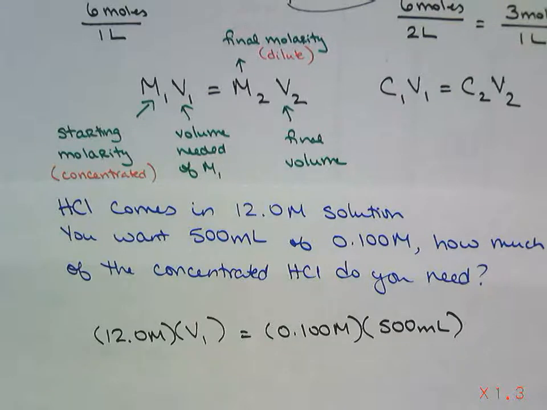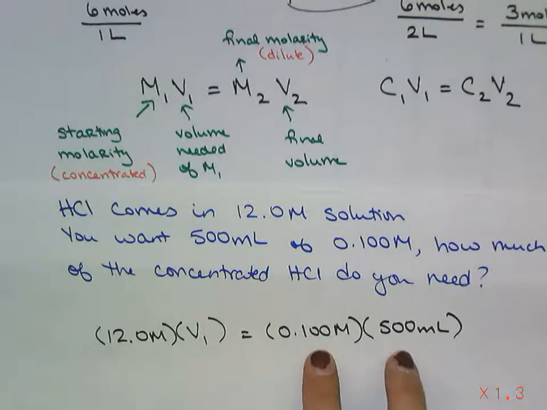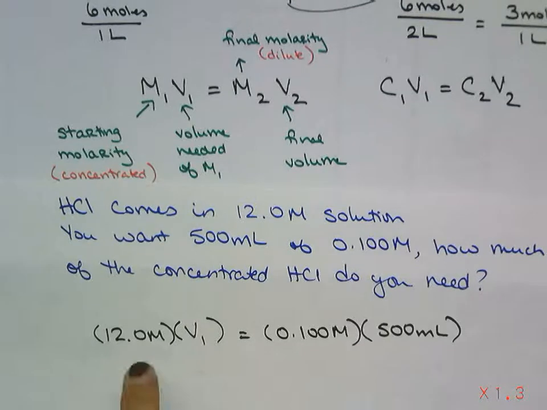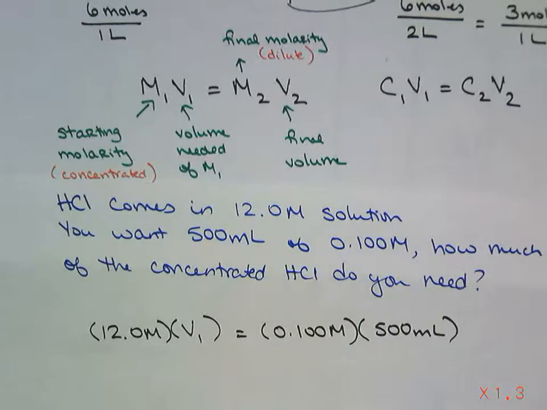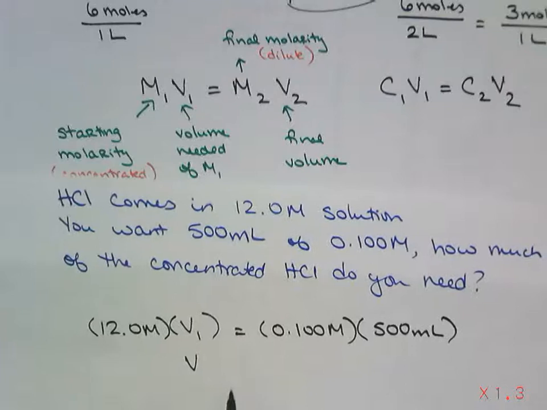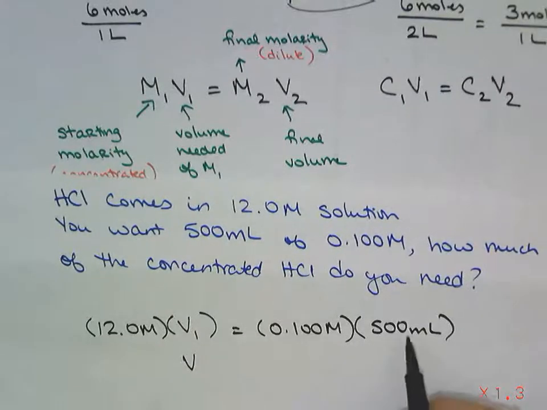All right, what's my first step to solve for this? Multiply these two together, then what? Divide by 12. Let's see what that is. 0.1 times 500, divide by 12. How many significant figures do I get in my final answer? 3, because we'll assume that I meant the dot there.